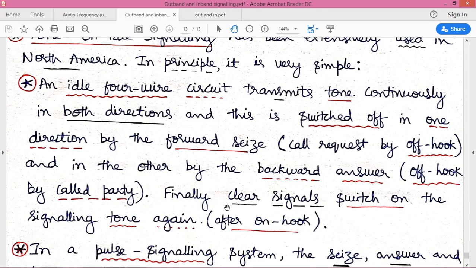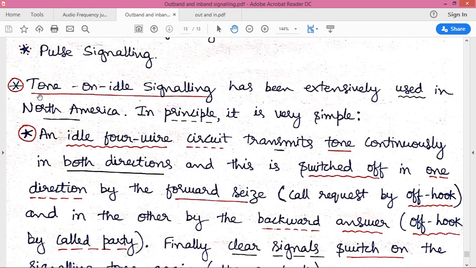Finally, after the conversation is complete, the clear signal will be produced. Once any of the end users goes on hook, the clear signal will be produced. This clear signal again turns on the control signal, so this will switch on the signaling tone or control signal again after any end user goes on hook. That is what tone on idle signaling is about.